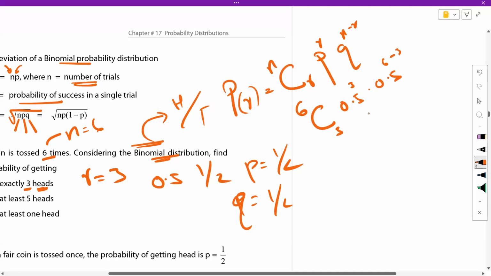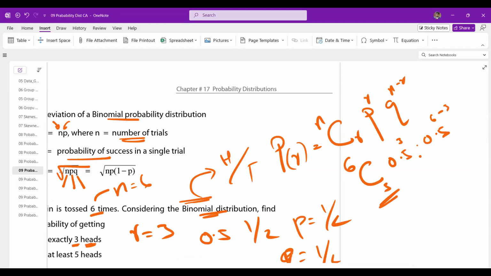Then what's the answer? How do we calculate? Can you calculate the value of this portion? What's the value of that?